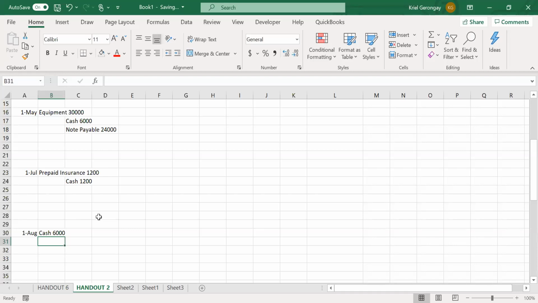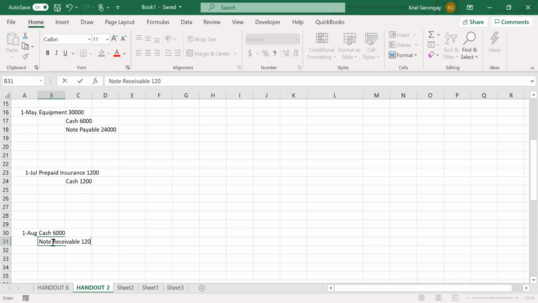Would it be accounts receivable? No, we can't really use accounts receivable, since in the problem it says that the remaining was signed with a 10% note. So instead of using accounts receivable, we're going to use notes receivable.